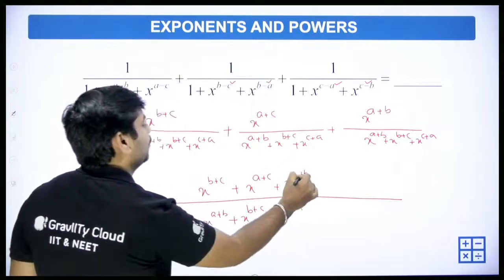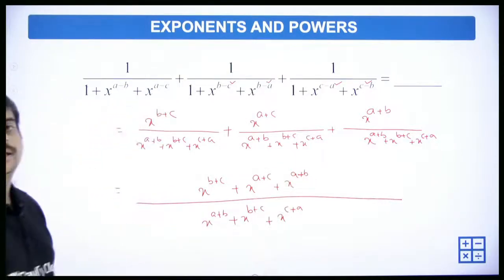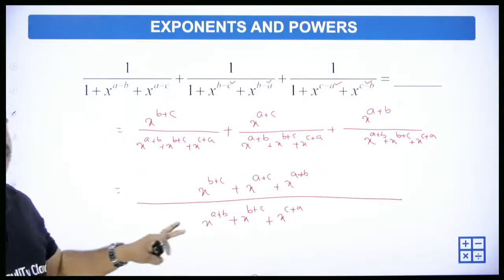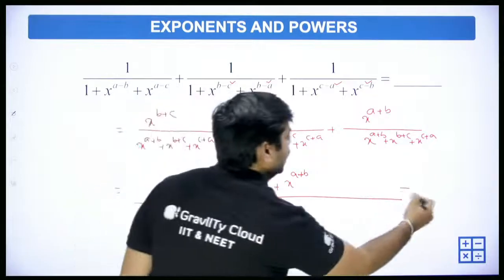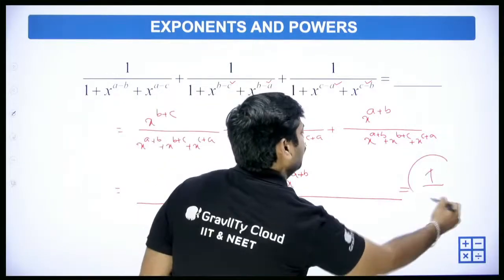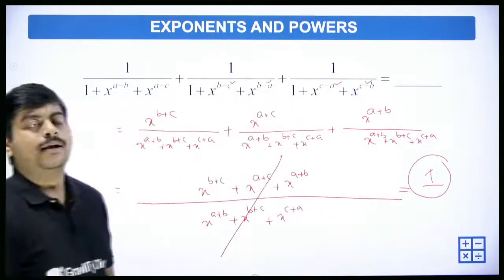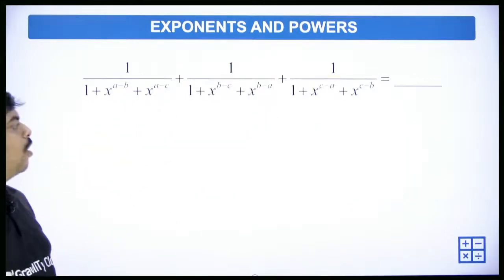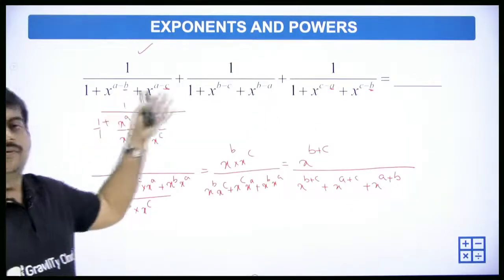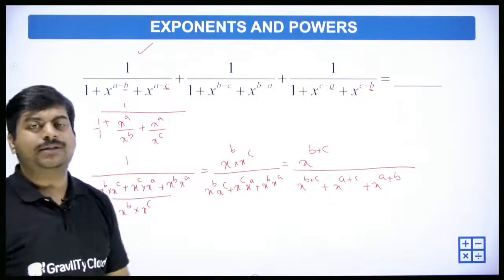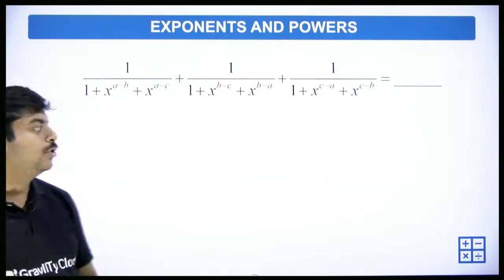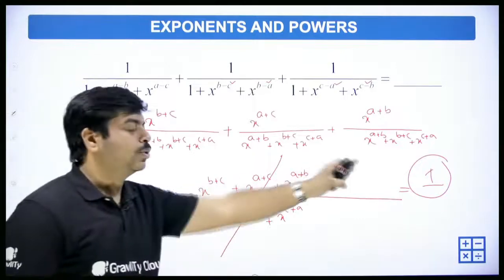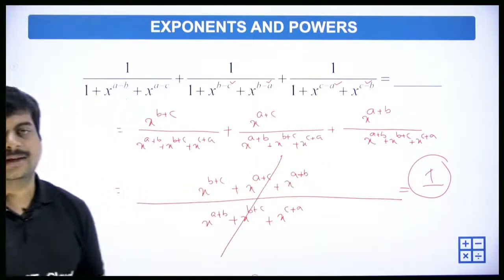If you carefully compare the numerator and denominator, both are the same, and you can cancel the complete term and you get the final answer as 1. See how beautifully this question is framed. Even though we discussed a long solution, we finally got a simple answer, which is 1, because the complete numerator and complete denominator are the same. Clear? Okay, the next one.